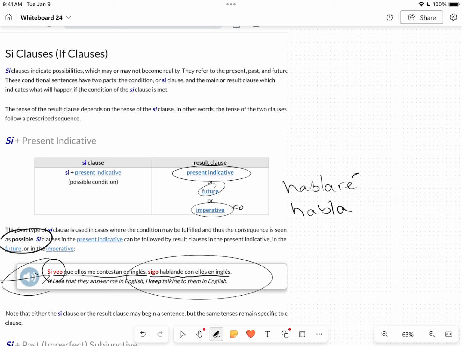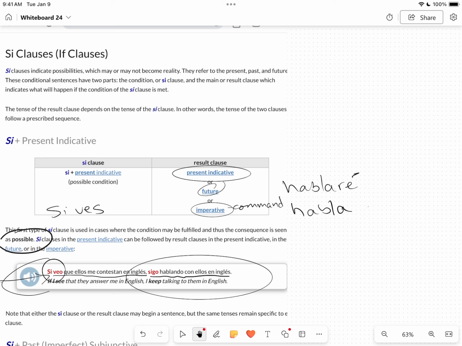Imperative is the command, just a fancy word for the command. And we'll use the tú informal. So if you see, ves, just regular indicative, si ves. So somebody's talking, if you see that they are speaking in English, habla con ellos en inglés.